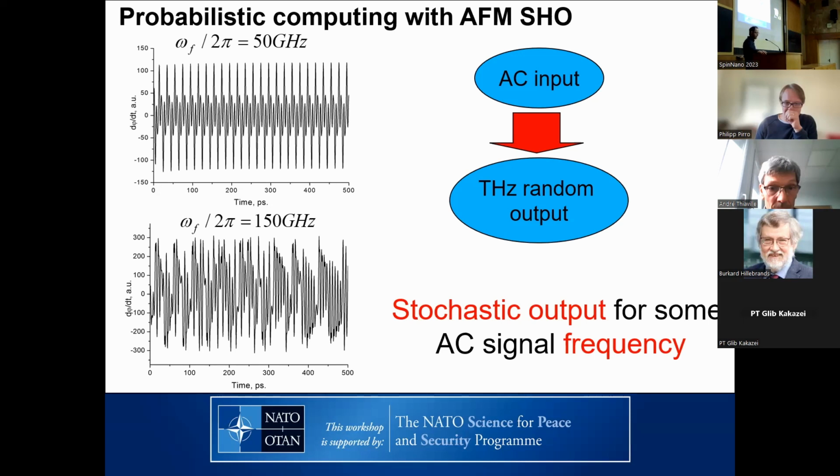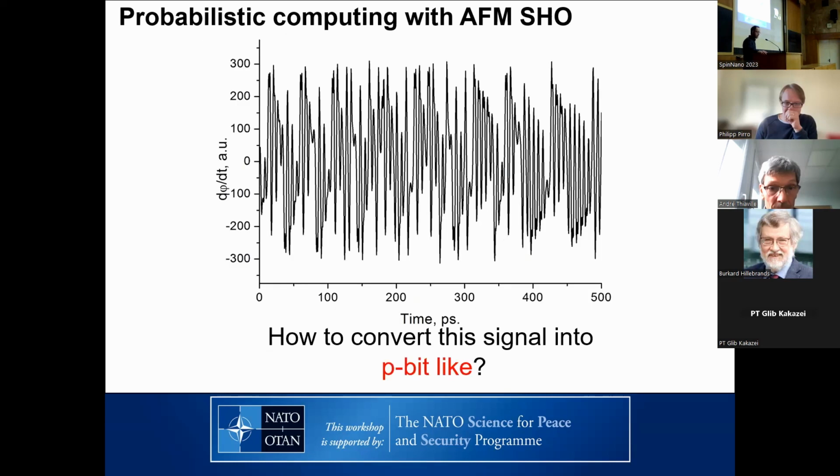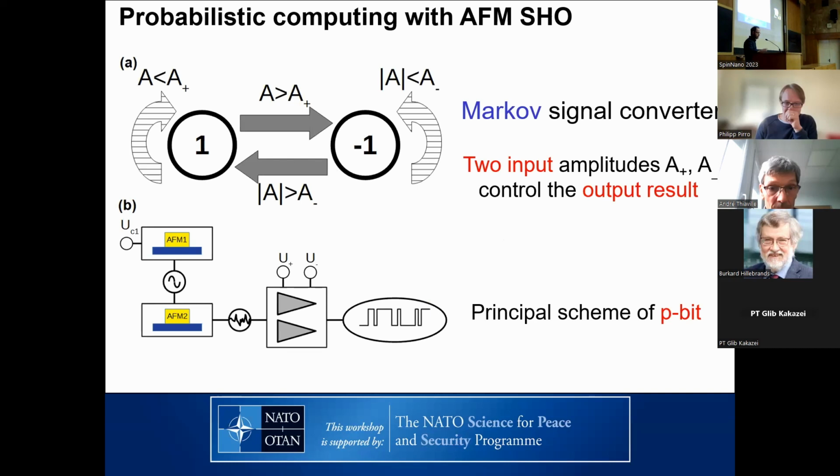So then the next question is, okay, great, we have a terahertz operating stochastic system. Can we somehow create a bit using it? And the answer is again, yes. This is just showing how the signal looks. It's indeed stochastic. Mathematically, you can do a lot of stuff to convert one signal to another. We propose a so-called Markov signal converter.